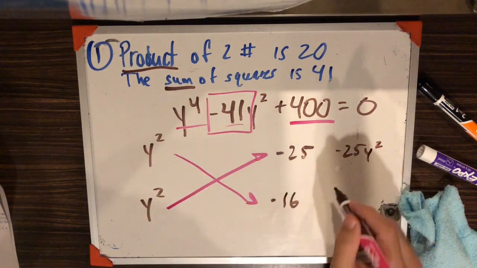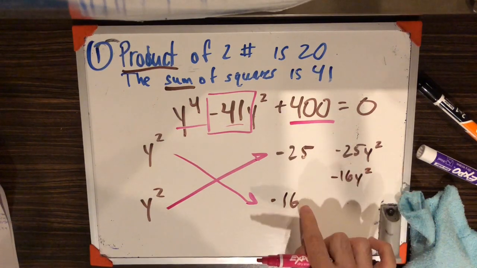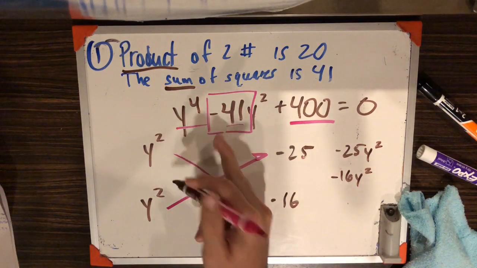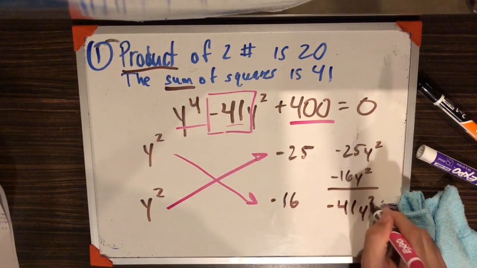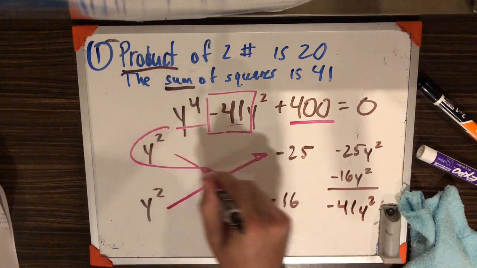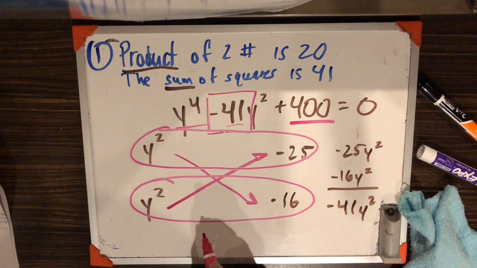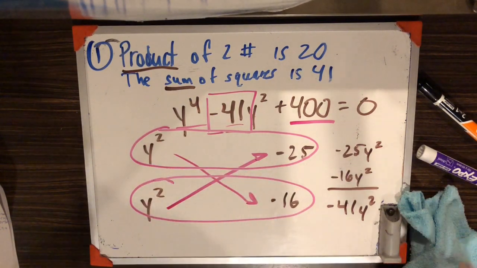Y squared times negative 16 is negative 16y squared. Now do these multiply to get you 400? Yes, they do. Do these add up to get you negative 41? Yes, they do. So we know that we have the correct factorization, which includes this and this. So y squared minus 25 and y squared minus 16 are our factors.